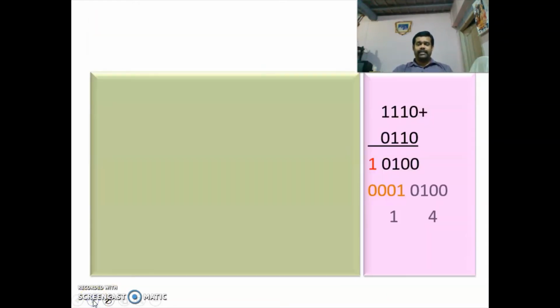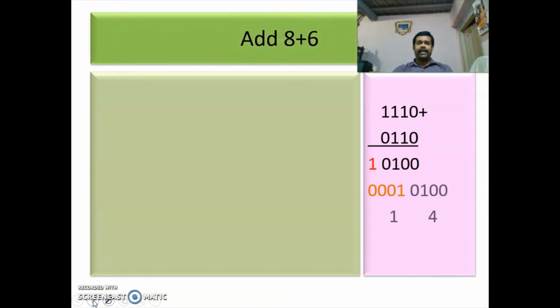Now next we are adding 8 plus 6. So we are going for ordinary binary addition. 0 plus 0 is 0. 0 plus 1 is 1. 0 plus 1 is 1. And 1 plus 0 is 1.